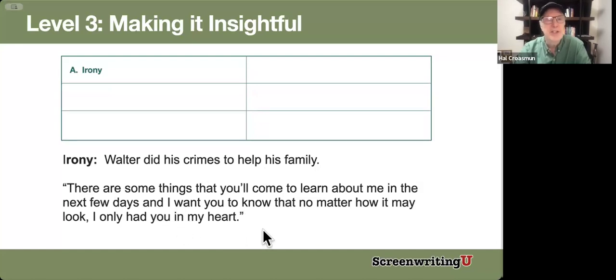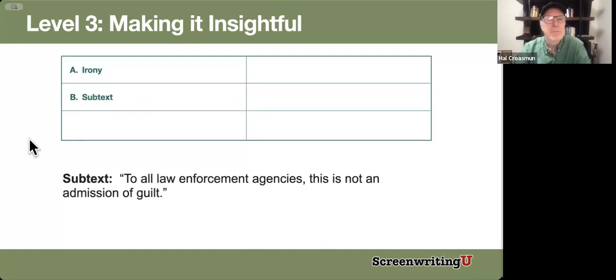And then he says all of this. Let's go here. Then there's subtext. And I loved this line. To all law enforcement agencies, this is not an admission of guilt. And it's like, well, first, it actually is an admission of guilt. Even though he is saying things to his family, he just put himself at the scene on video.